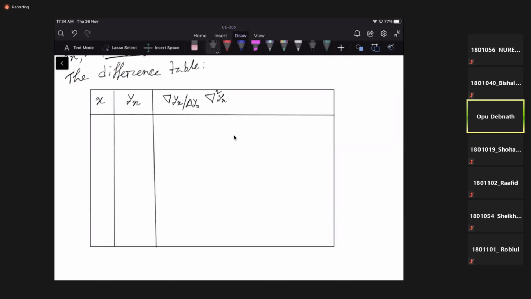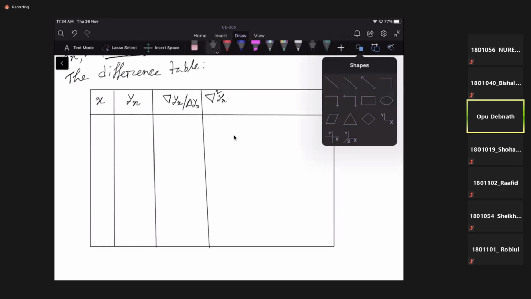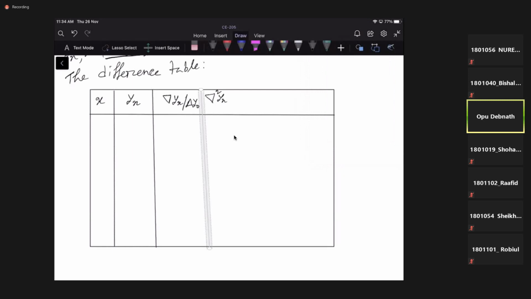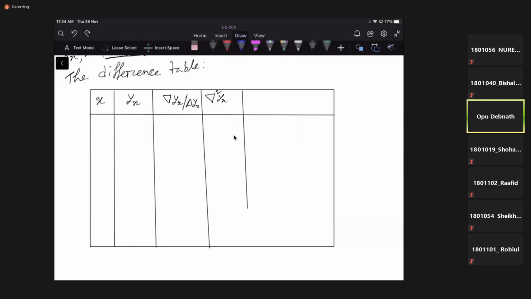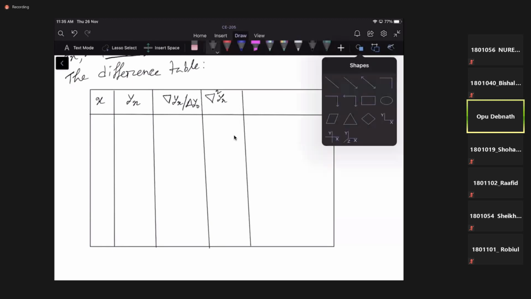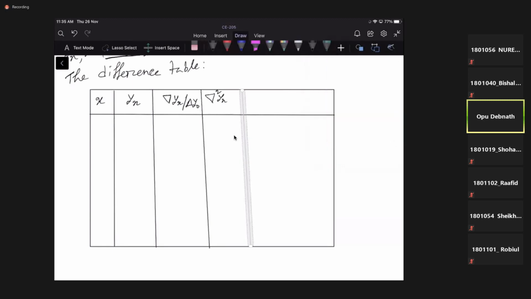So if you are asked to solve such integrated problems where backward interpolation and forward interpolation are both required, you can simply make one difference table, because the numerical values are the same. You should not repeat the same table two times. And the technique is, this is nothing but del square y0.